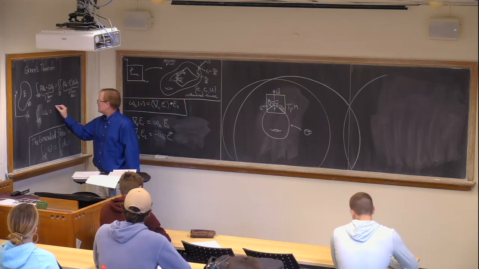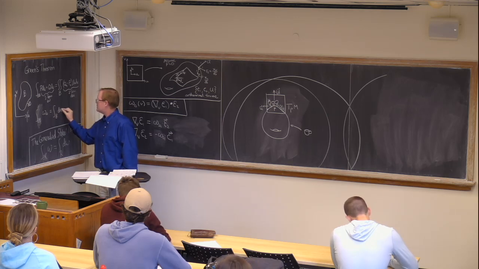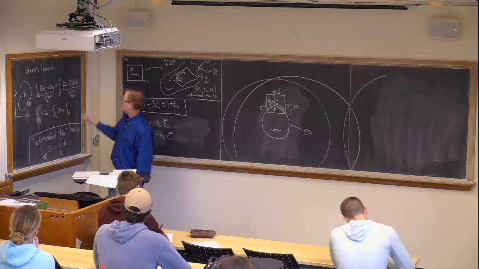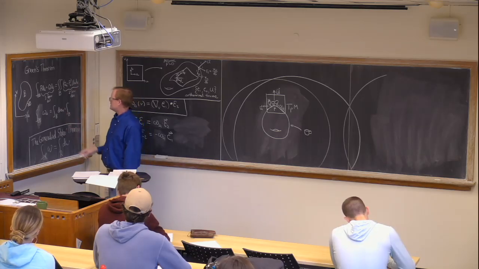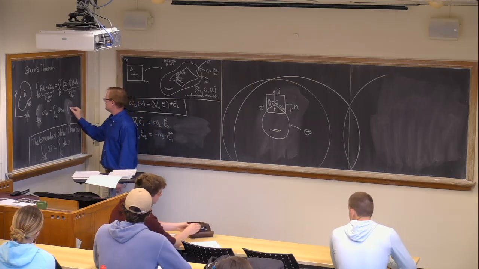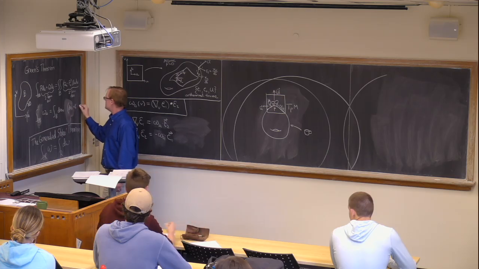This is equal to the integral over B of d omega 2,1. But here's the kicker. d omega 2,1 is equal to the Gauss curvature times the area form.